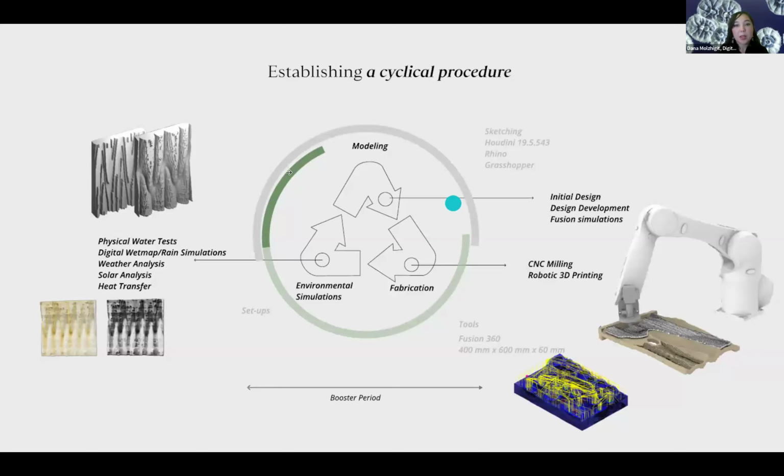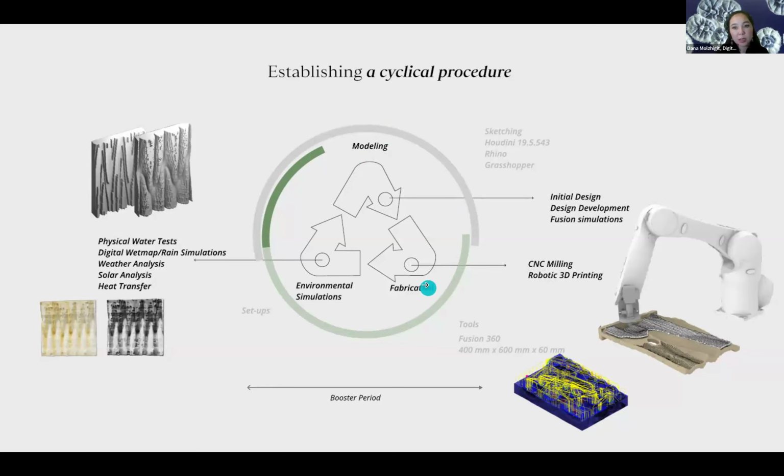Therefore, we came to a conclusion: it's very important to establish a cyclical procedure. As you can see, this is the iterative process between 3D modeling, where you can use Houdini, Rhino, Grasshopper, Blender, or 3ds Max, and fabrication tools.